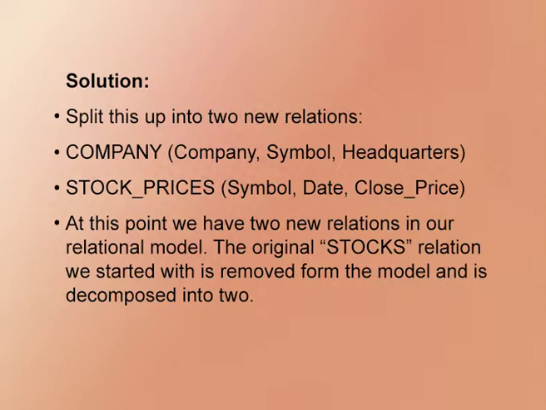You can see the company relation consists of company, symbol and headquarters, and the stock prices relation consists of symbol, date and close price. At this point we have 2 new relations instead of the one relation called stocks; we decomposed one relation into 2 relations, company and stock prices.